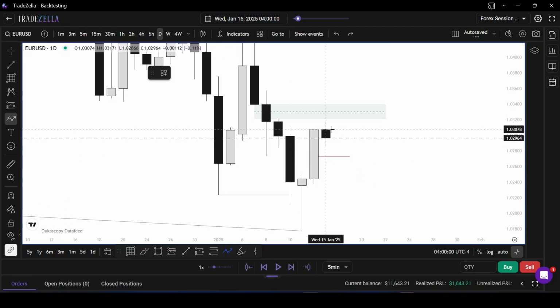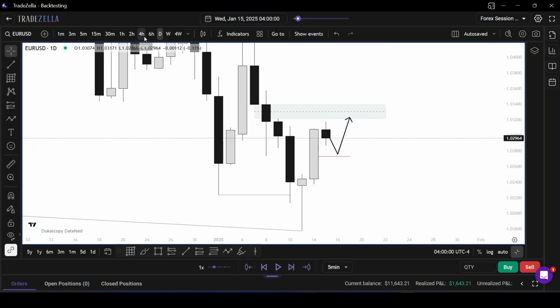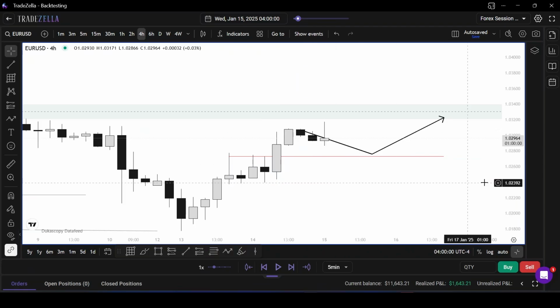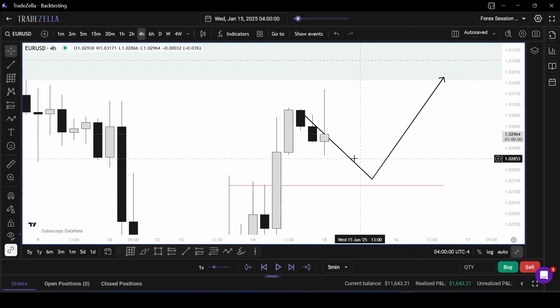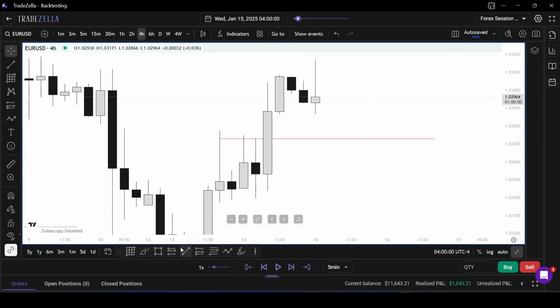I want to see this day at its open trade into a key level within the upper half of this candle 3 before reaching this fair value gap, right? So I'm going down on the 4-hour time frame to look within that candle 3 for a key level. Do we have any key level? Yes, we do. We have a fair value gap here.